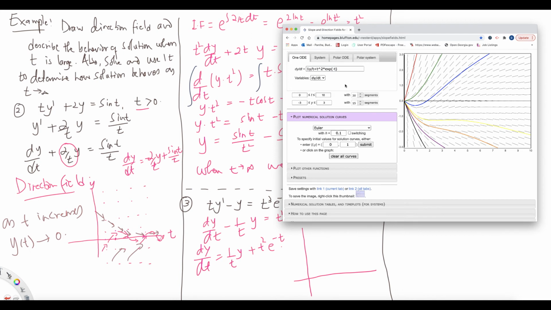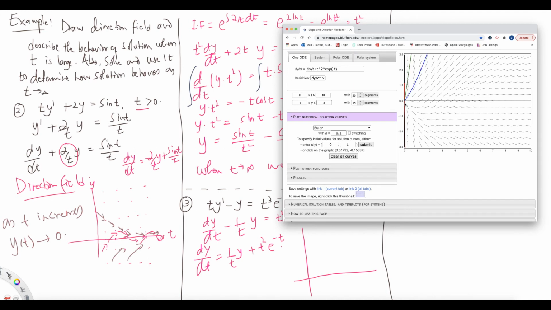And then look at that. Let me erase all the previous curves, and then you can see that we are taking the smallest value of t as 0. If you pick an initial condition there, or pick another initial condition, look at that.